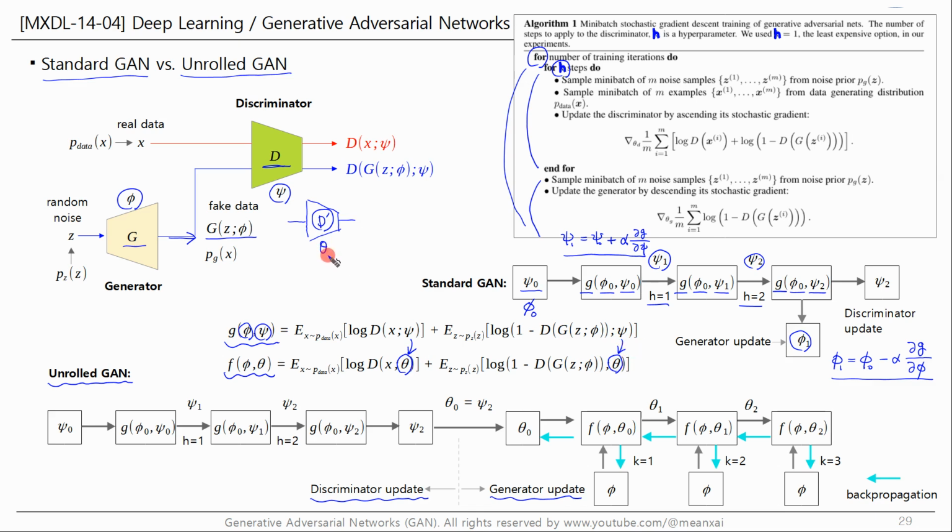That is, we introduce a surrogate discriminator whose parameter is theta and temporarily update it. In the paper, the parameters of both the real discriminator and the surrogate discriminator are denoted as theta d, but here we will denote them separately as psi and theta, which may seem a bit complicated.